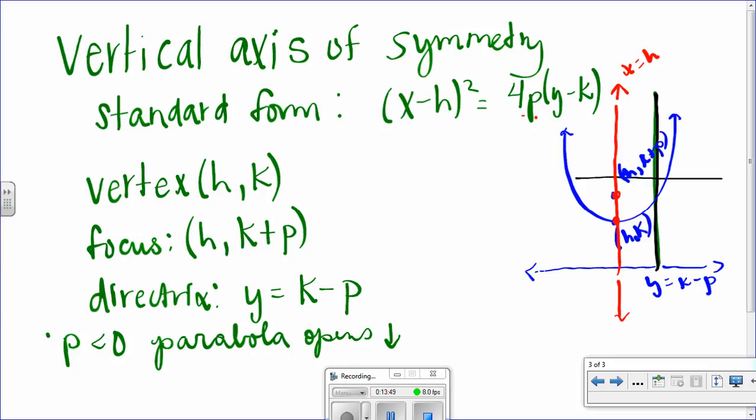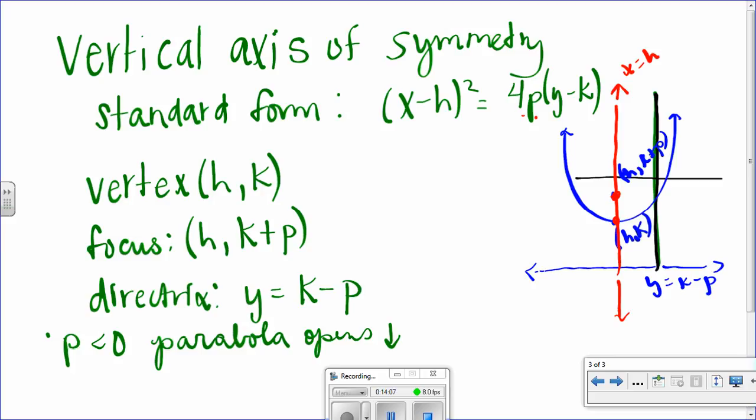Whatever's outside that is 4p. So, if there's a 12 right there, what's p? 3, right? So, you would add 3, and that would be where your focus was. And you would subtract 3, and that would be where your directrix was. That's how p works.